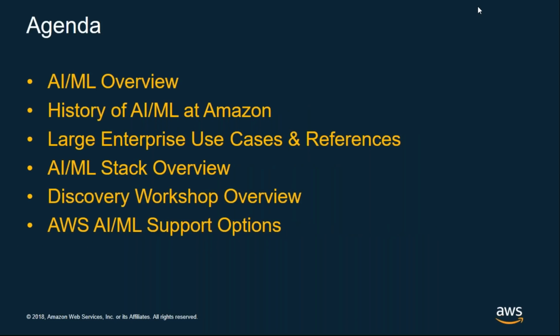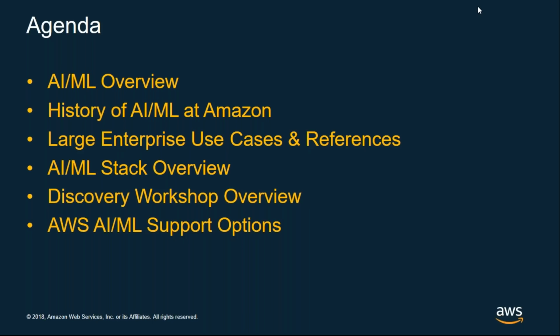So first off, the agenda. What we hope to cover for you today is essentially an overview of the machine learning and AI space. We'll talk a little bit about the history of machine learning technologies here at Amazon.com, and essentially how that's informing the platform that we're building for our customers in the space. We'll take a look at how other large enterprise customers are actually using these technologies, some use cases and then customer references.